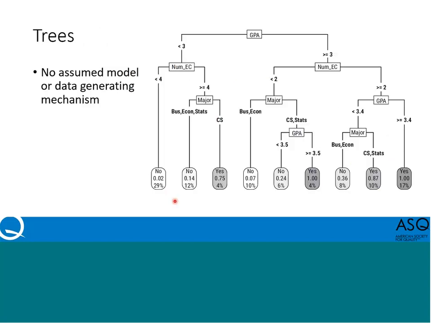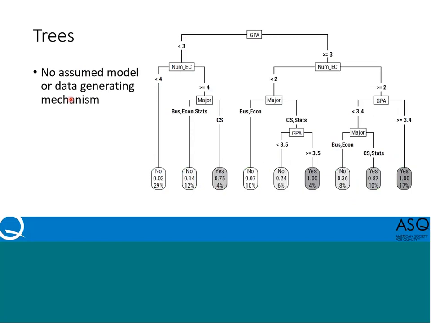Now, trees offer some interpretability. Seeing this model, you could say, well, if the student has less than a 3 GPA, but is in more than 4 extracurriculars and majored in computer science, then yes, I would predict that that person would receive an offer. But there's no assumed model behind the scenes with the tree.